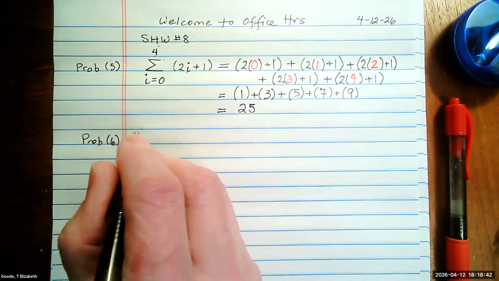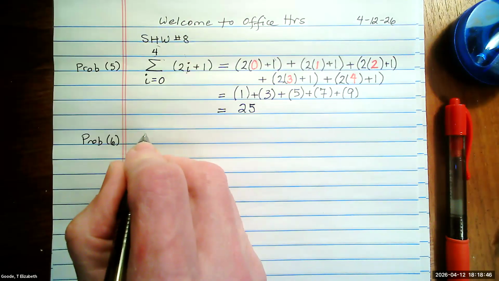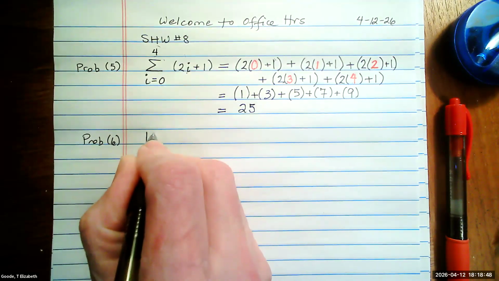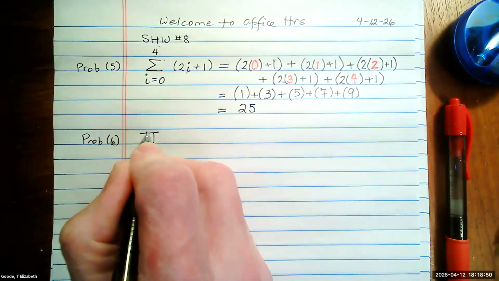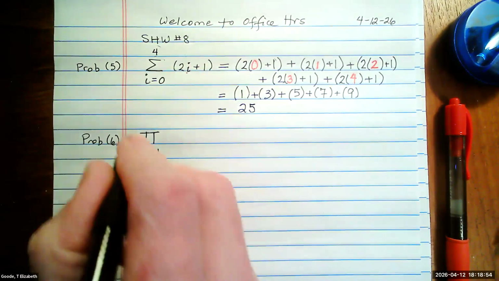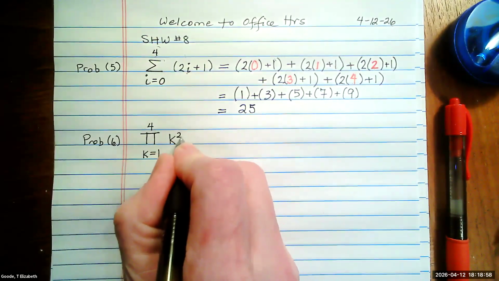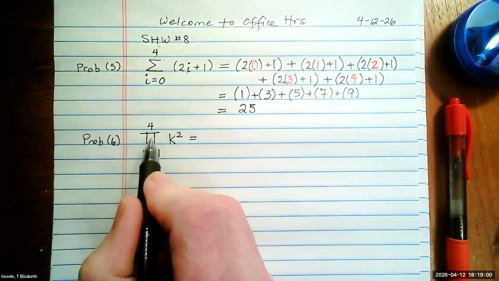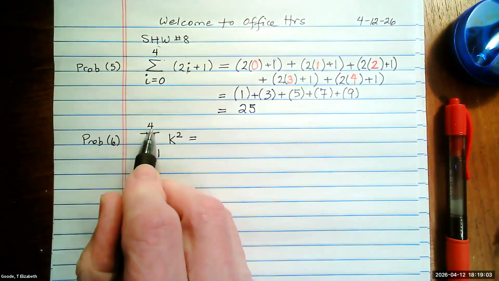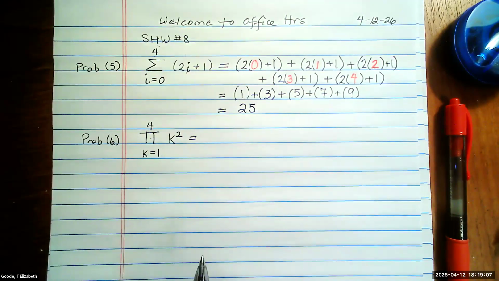Because it's a pi, it means product. So this is what we say first: the product from k equals 1 to 4 of k squared. Now you try it, you read it.